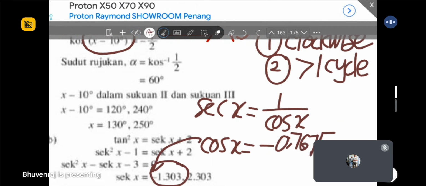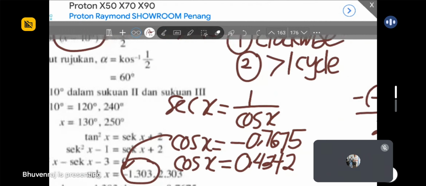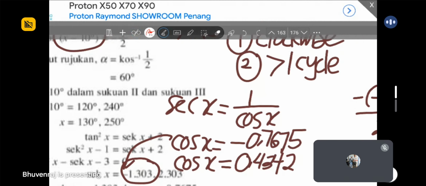Ini nilai pertama. The second value, if you take 1 over the answer, cos x, kamu akan dapat 0.4342. So are the answers accepted here? Yes or no? Adakah dua-dua ni boleh diterima untuk fungsi cosine? This one is correct. Betul. Because you must remember the minimum value for the cos function is always negative 1.